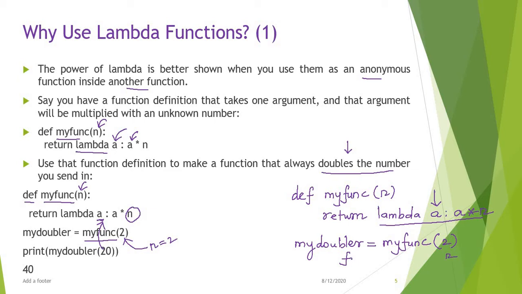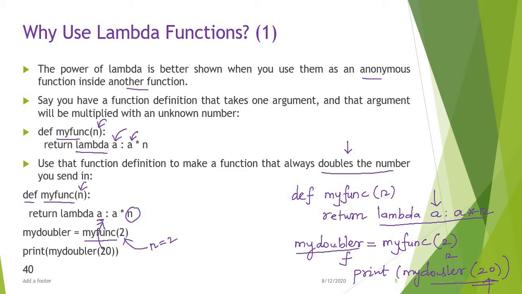Earlier I used f of 5, f of 6. Here, instead of f, I print my doubler, this particular object, and give some input, say 20. Whatever I give here is the input a for the lambda function, and whatever I give to my function is the input for the user defined function.